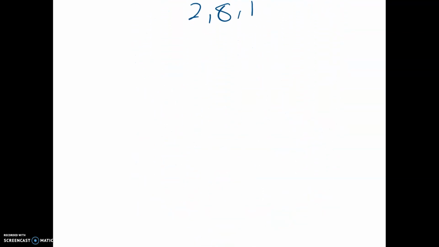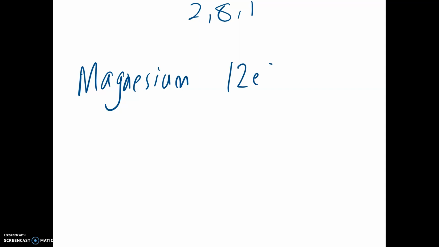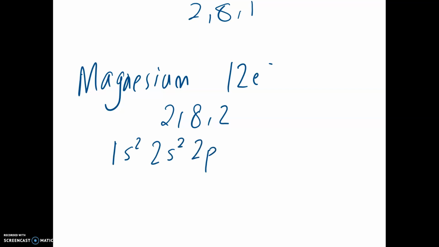This time we're going to look at magnesium. Magnesium has 12 electrons, and at GCSE you would have written 2, 8, 2. In A level you will write 1s2, 2s2, 2p6, 3s2.